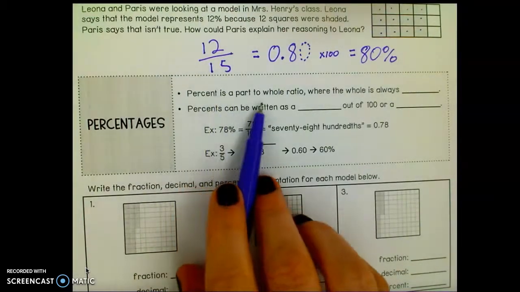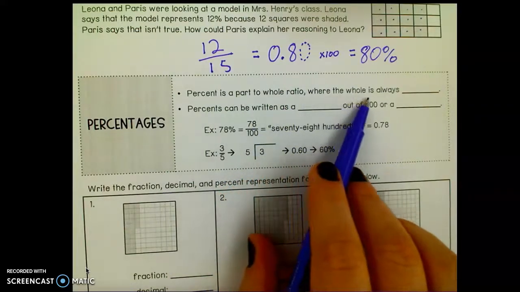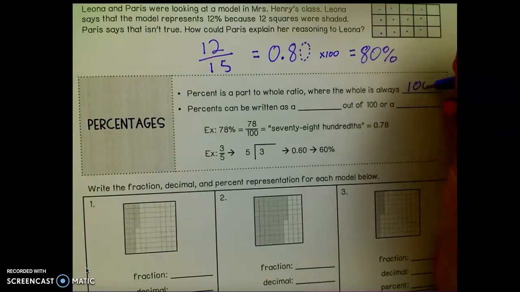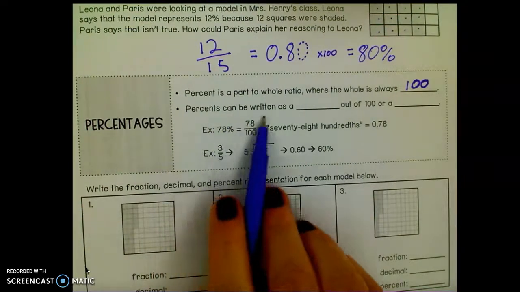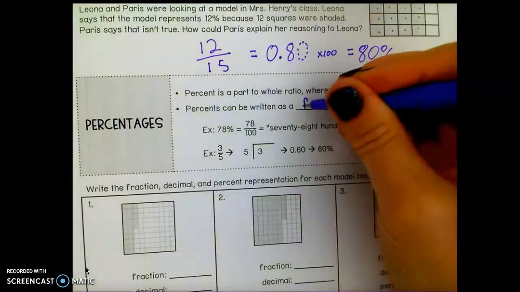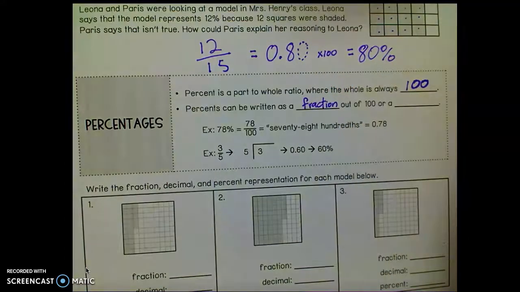A percent is a part of a whole ratio, where the whole is always 100, right? Because 100% is the whole. 80% would be part of it. A percent can also be written as a fraction out of 100.